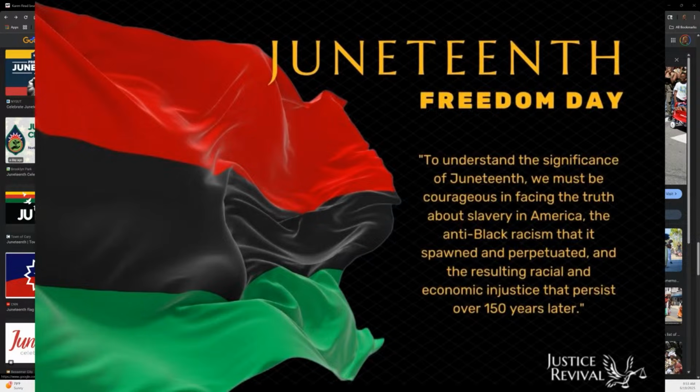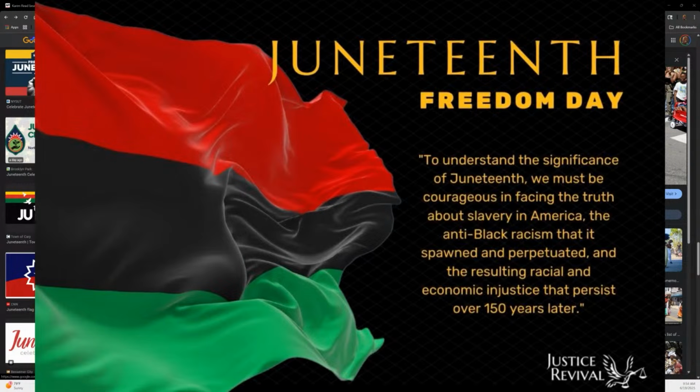The red symbolizes the blood that unites all people of African ancestry, and the blood shed in the struggle for our liberation. Black represents the color of the people, bold, proud, and unbroken.